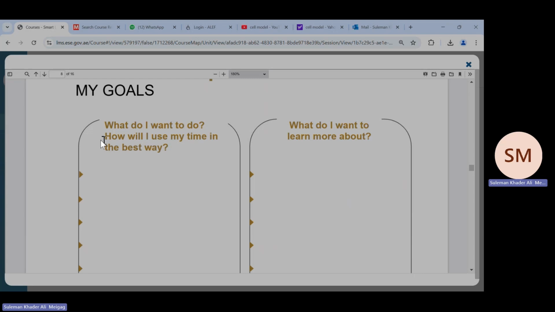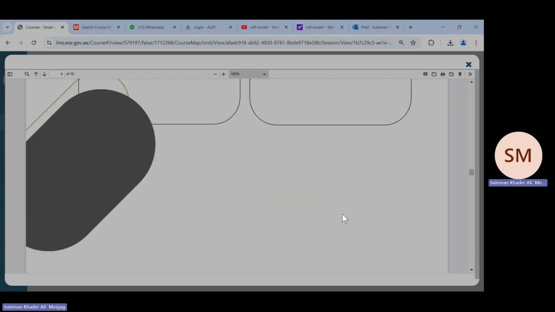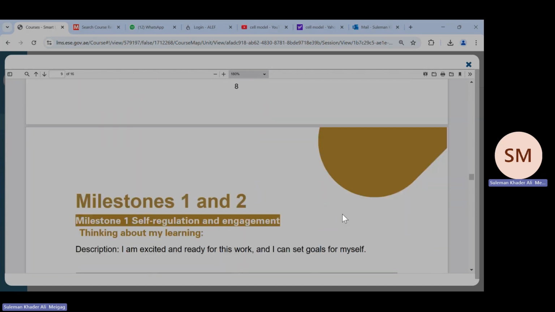So after the planning of your goals, then you also need to write down, what do I want to learn about? You need to learn about Khaliya, parts of the Khaliya called organelles, how they contribute to the cell, and so on. Once you've done that, then that is the first part.